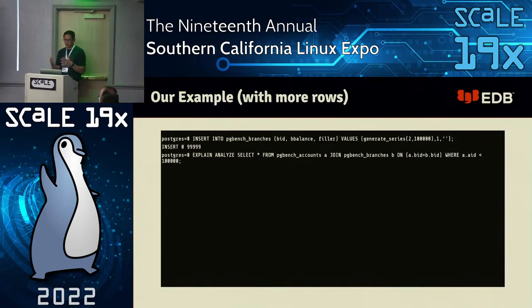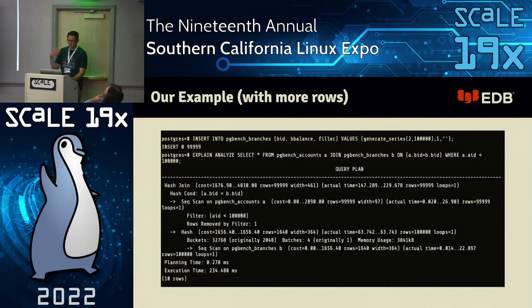Just to create a little more chaos or non-determinism, we're going to insert more data into the branches table. I'm going to insert another 99,099 rows, and then I'm going to run the same query, explain analyze where AID is less than 100,000, and this is the output that I get.